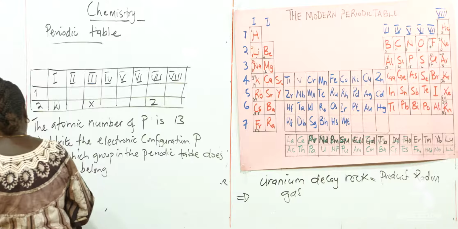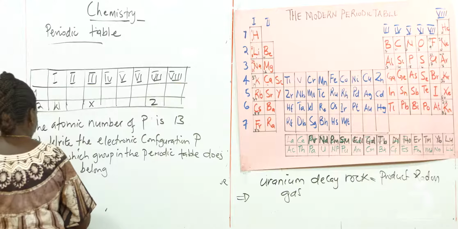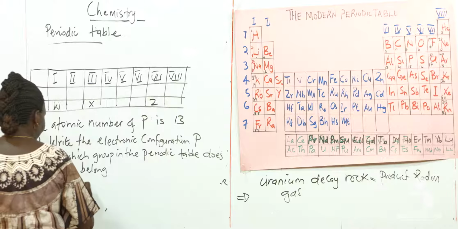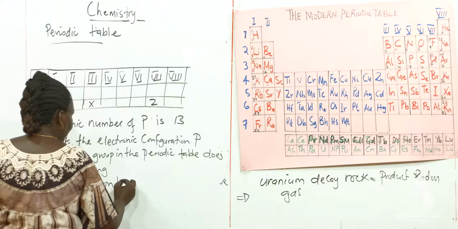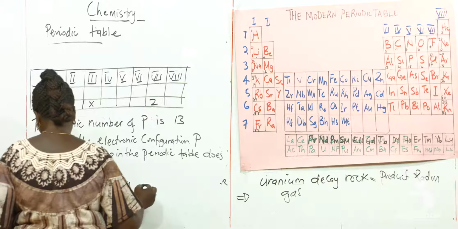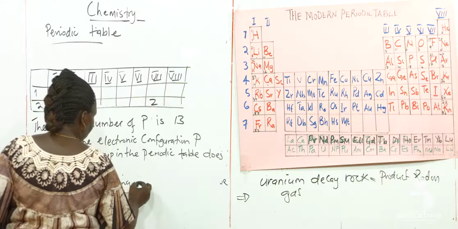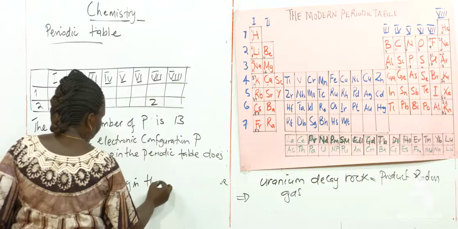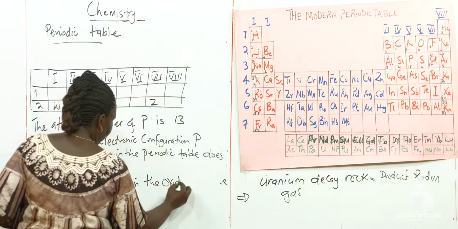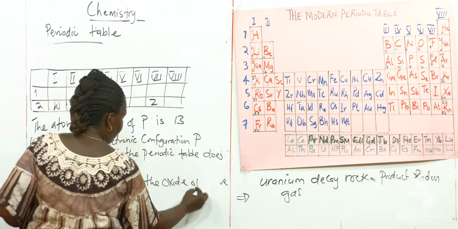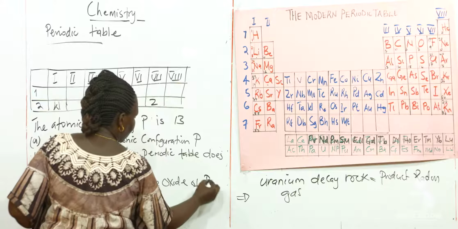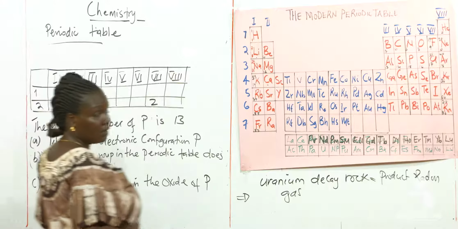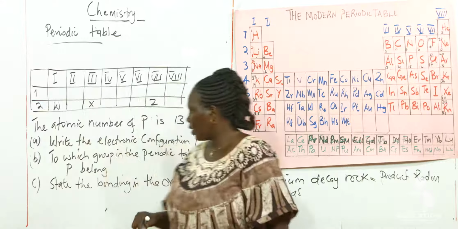Then lastly, state the bonding in the oxide of P. That is, when P reacts with oxygen, what type of bond is going to be formed?